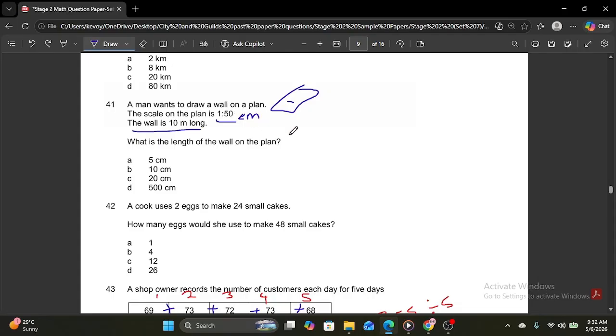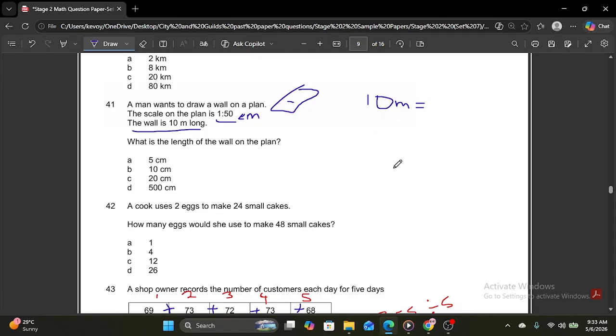Because of that, we now have to convert the 10 meters into centimeters, because this is not the drawing on the paper, which is 1 to 50. So let's quickly work this out. Convert the 10 meters into centimeters.